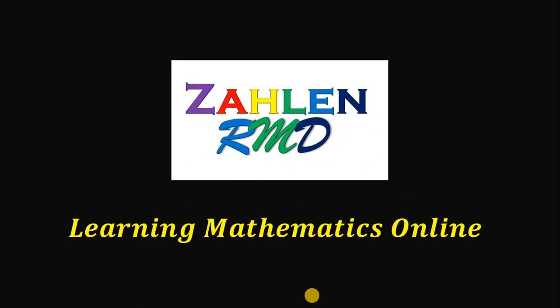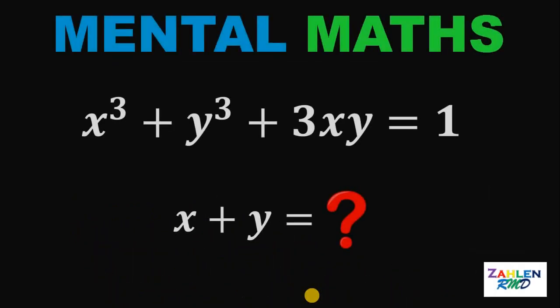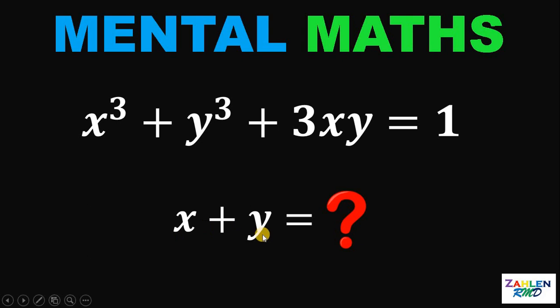And here's our question. Solve for the value of x plus y given that x cubed plus y cubed plus 3xy equals 1. Now, if you want to try this problem, you can pause this video.